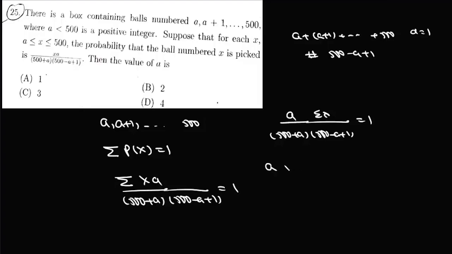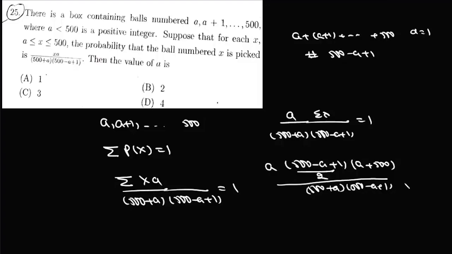So it will be n by 2, that is (500 minus a plus 1) by 2, and then (a plus l), that is a plus 500, divided by (500 plus a) into (500 minus a plus 1), and it will be equal to 1. Now both of them will cancel. So the value of a here will be 2. So the answer to this question is option B.